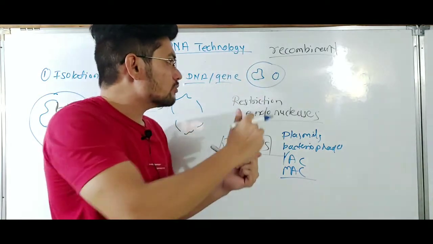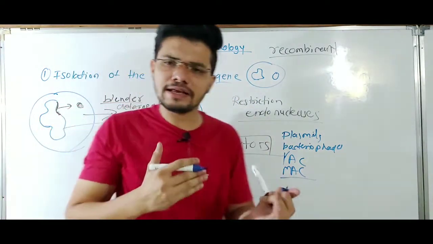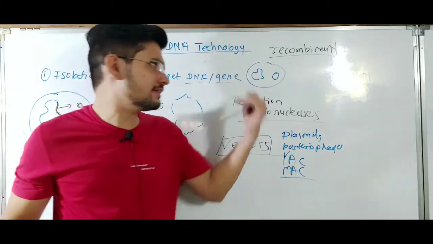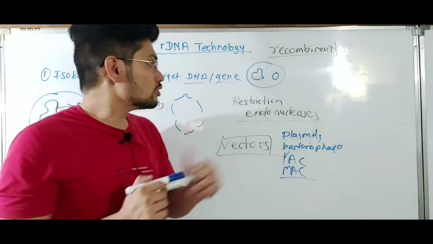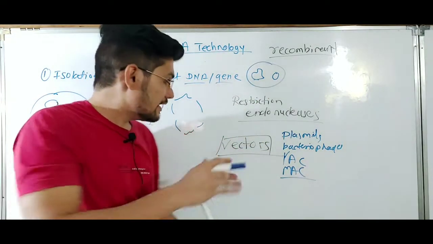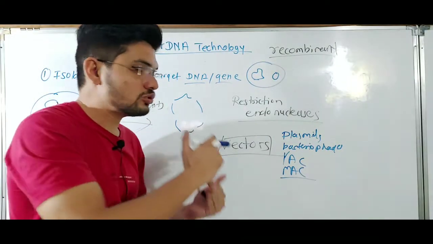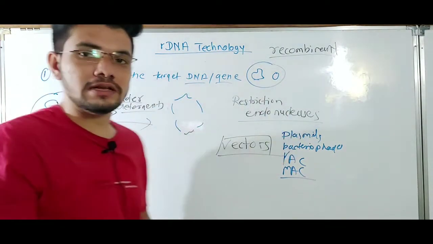So that extra chromosome is known as plasmid. That plasmid has the ability to replicate like the main chromosome, so it can replicate independently. So we are going to use that plasmid as a vector which is going to transport our target DNA to the host cell.